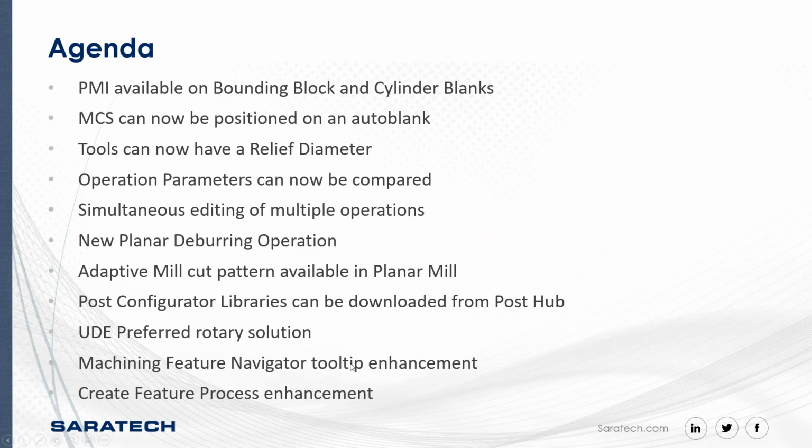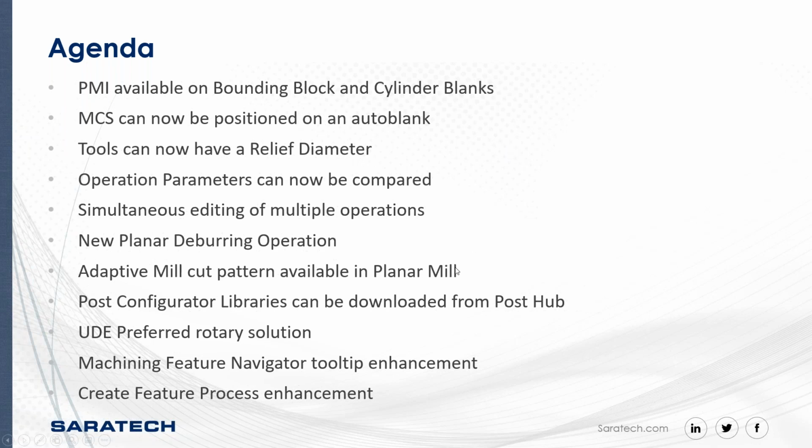So today we're going to cover the topics here on the agenda. The first one will be with auto blanks. If you're using a bounding block or a cylinder for an auto blank, you can now grab PMI from that auto blank. And the machine coordinate system can now be positioned on an auto blank, which is new.